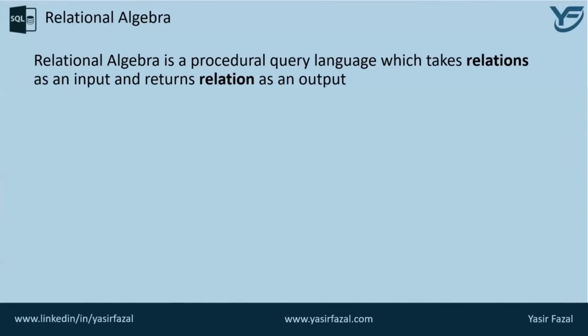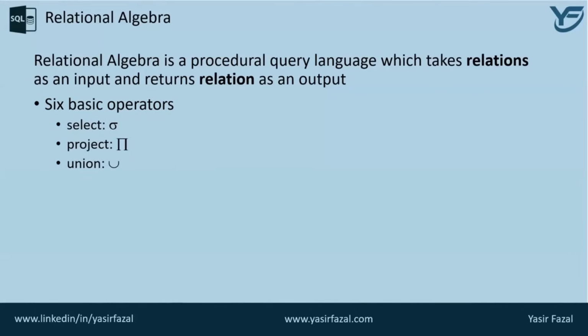There are a few very basic operators which can be applied on these relations to produce the required results that you want. There are six basic operators. The first one is select, which is normally denoted by sigma. Then there is project, normally denoted by pi.